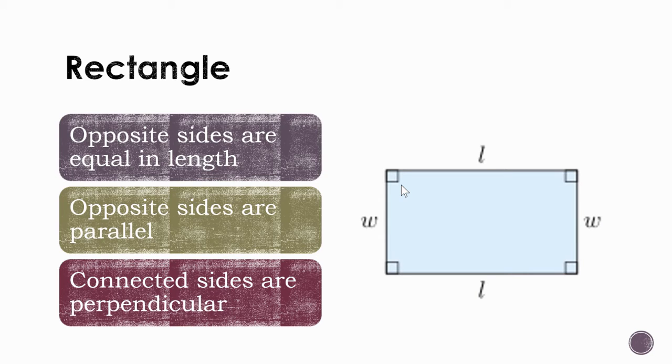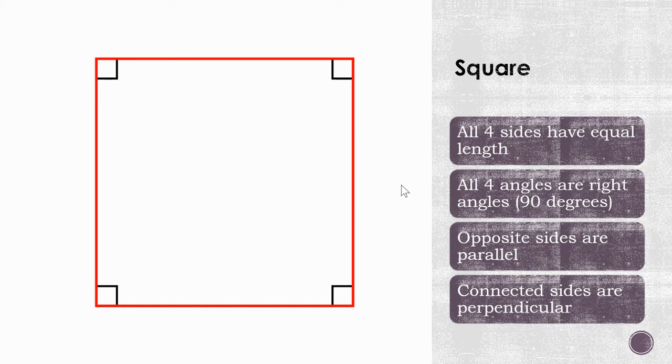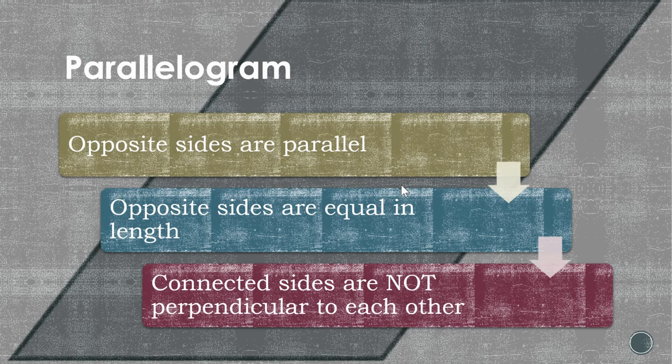All right, a rectangle. Opposite sides are equal in length, opposite sides are parallel, and connected sides are perpendicular. If all four sides are the same length, it's no longer a rectangle, it's a square. So everything's interconnected as well. All right, a parallelogram.